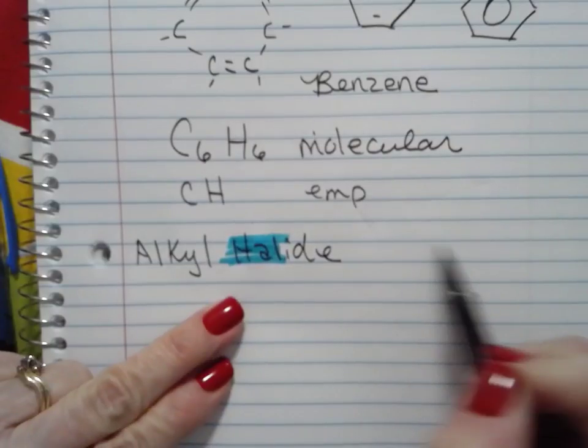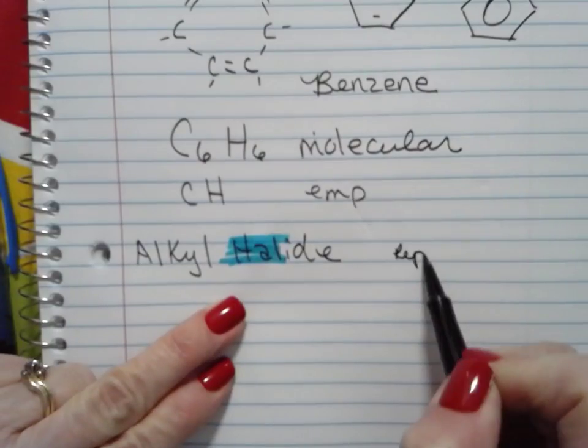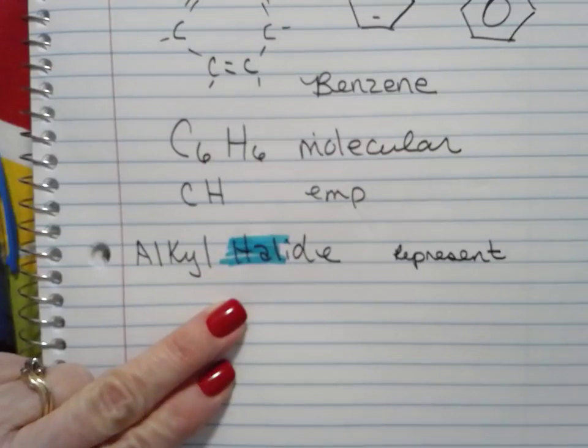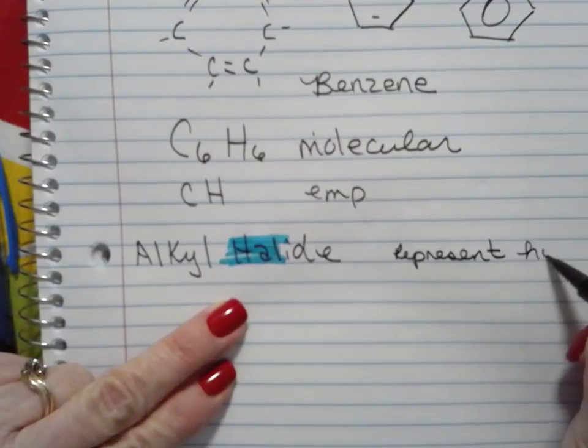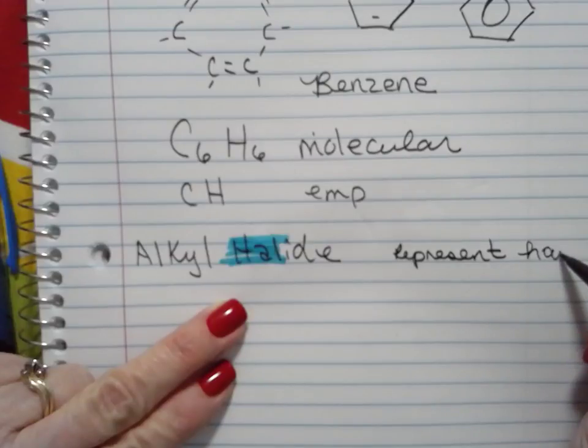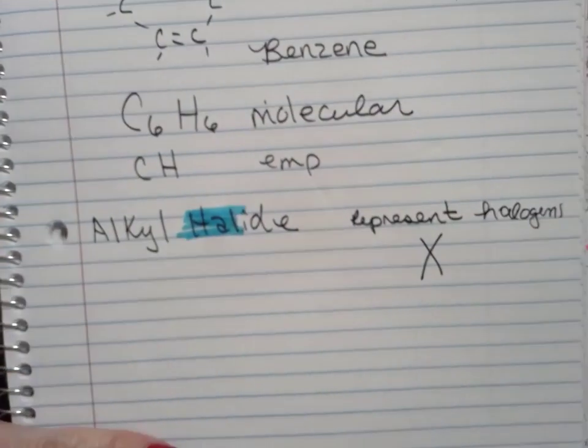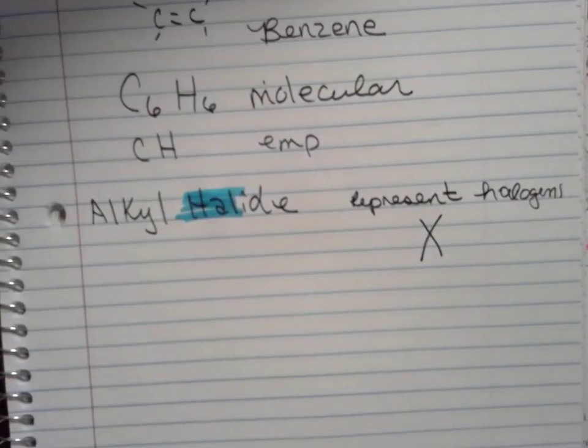We will represent halogens by using an X. Okay, so your X could represent a chlorine, fluorine, bromine, iodine. It could represent any of those halogens.